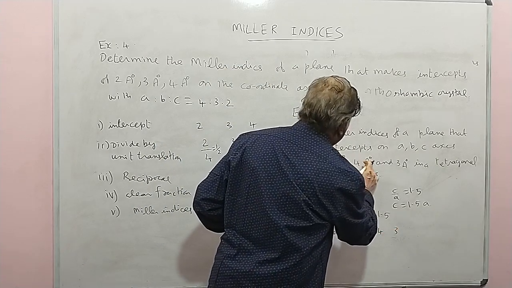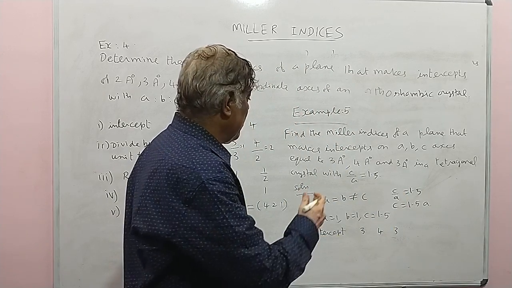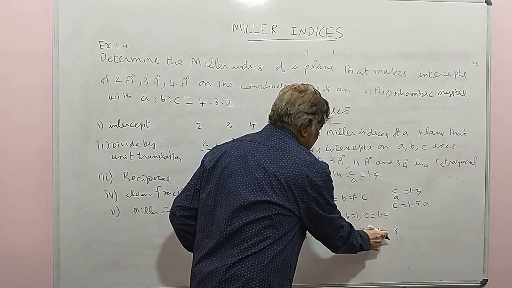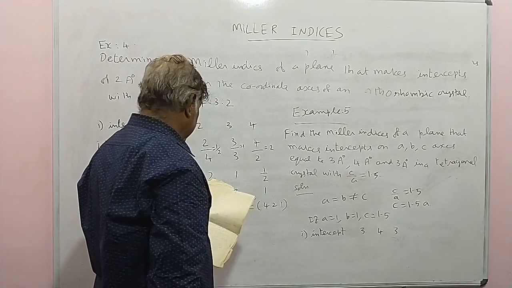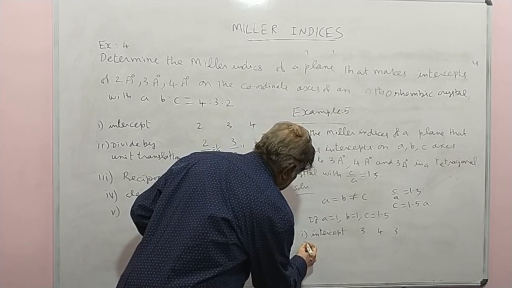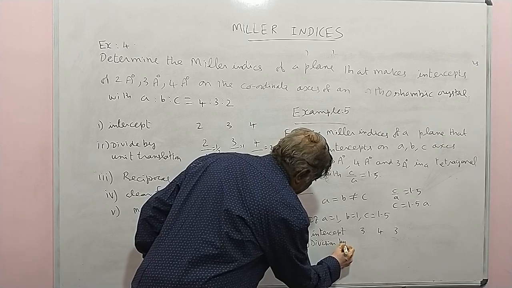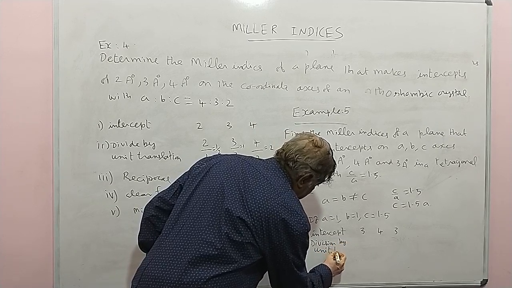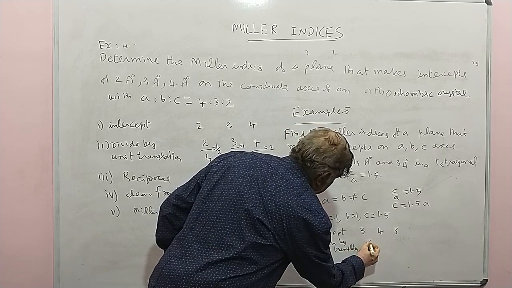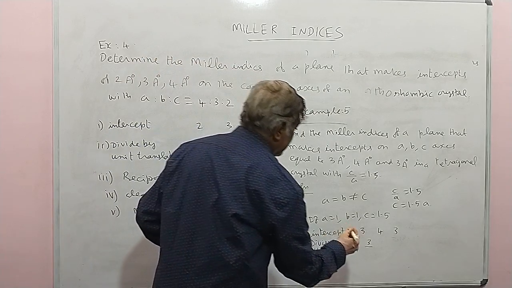Since all are having the same angstrom unit, and since they are in the form of ratios, the angstrom unit can be removed. So you write down the number itself, 3, 4, 3. Then division by unit translation. So what is here? 3 divided by A, here A is 1.